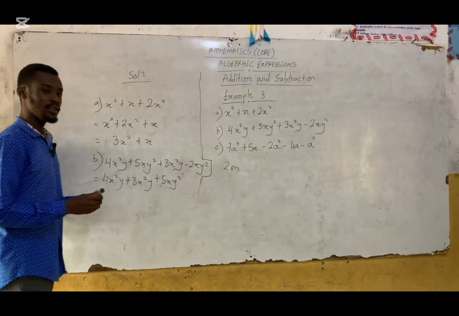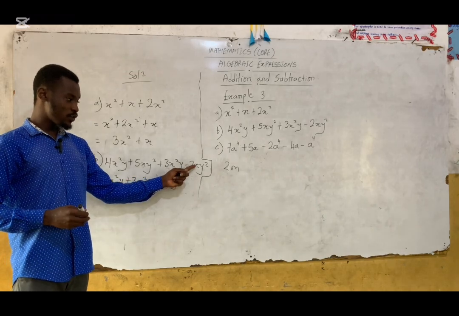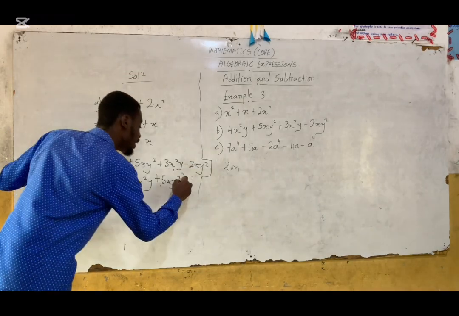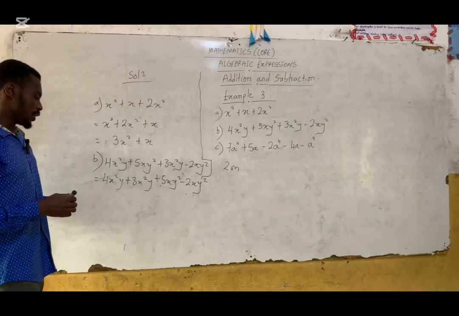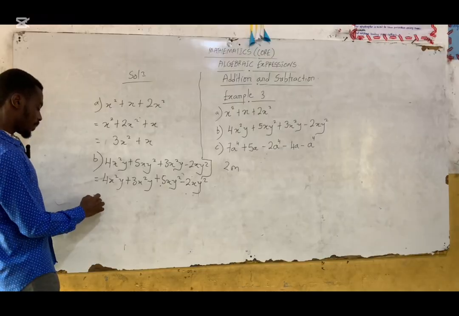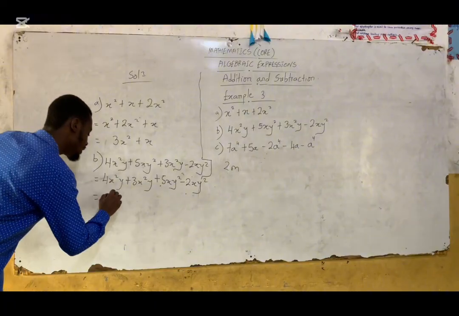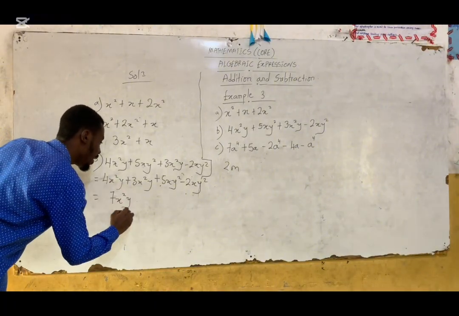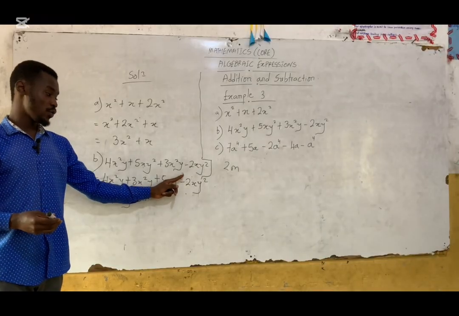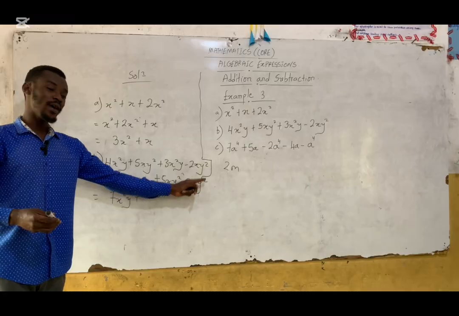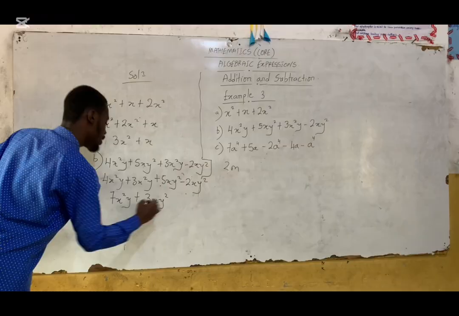The next one is plus 5xy squared. 5xy squared is a family member to negative 2xy squared. Now we can add or subtract. 4x squared y plus 3x squared y gives us 7x squared y plus 5xy squared minus 2xy squared gives us 3xy squared.